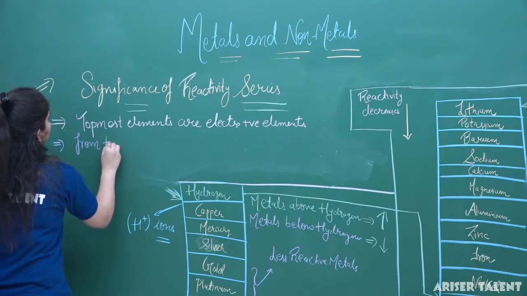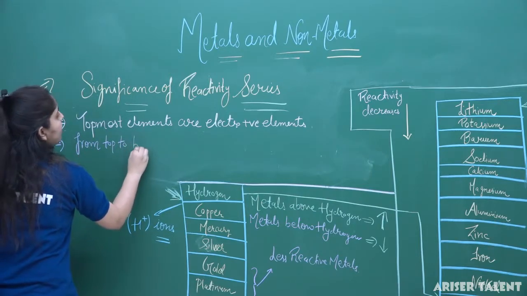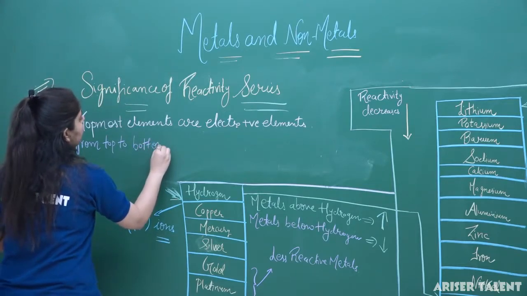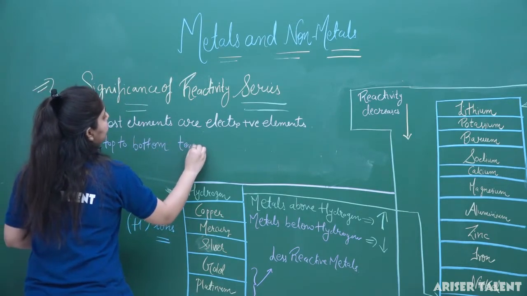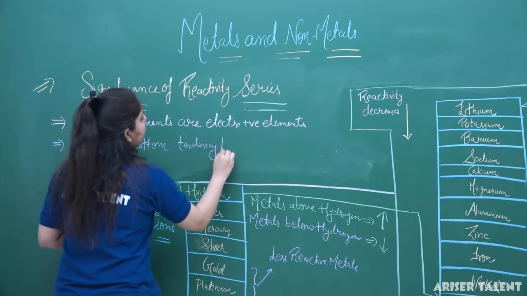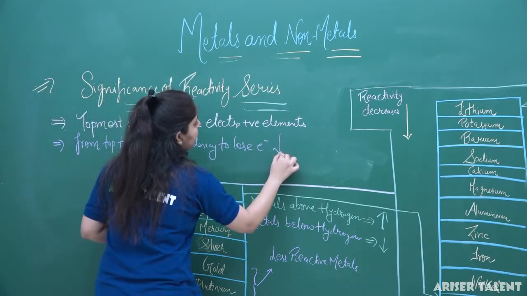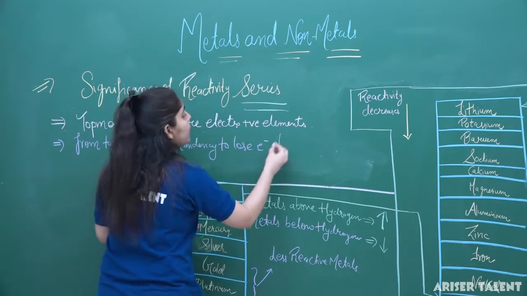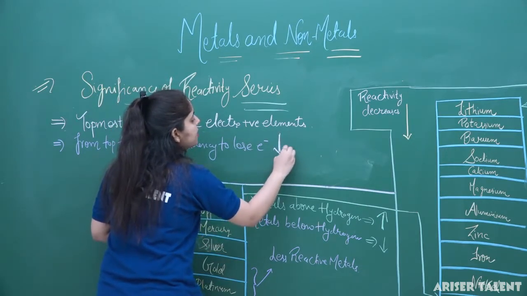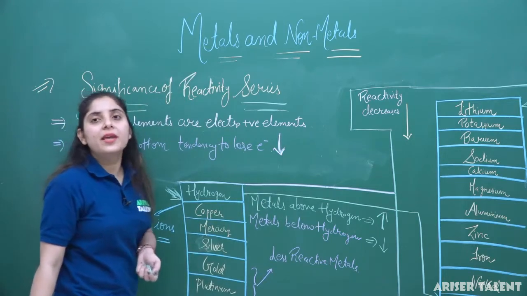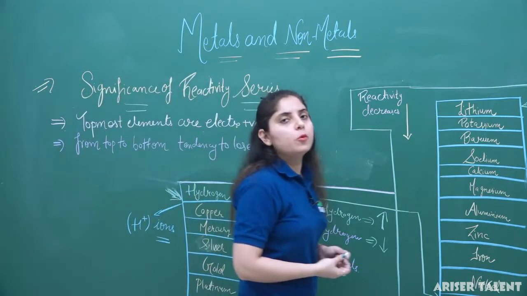From top to bottom, the tendency to lose electrons will decrease, because the electropositive character decreases from top to bottom.